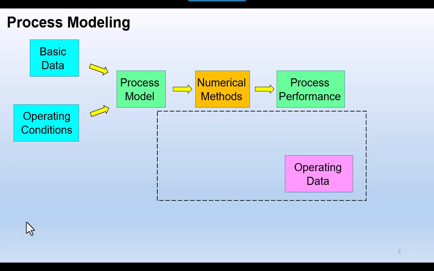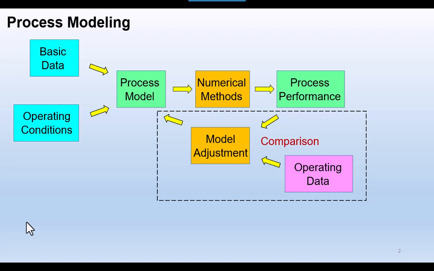It could be a pilot plant, it could be a laboratory experiment, but we collect operating data and then we compare the operating data to the performance of the process, and this yields another step which is often in the area of curve fitting or regression, where we adjust the parameters of the process model so that our comparison is closer.